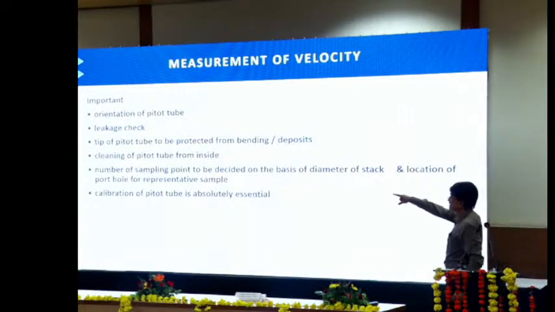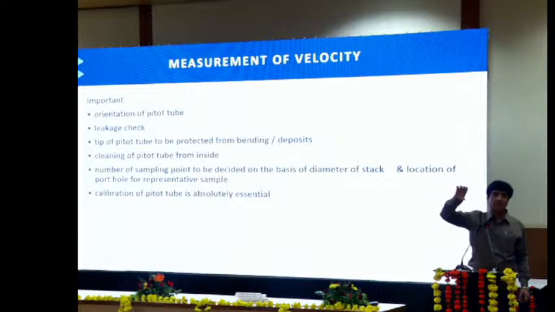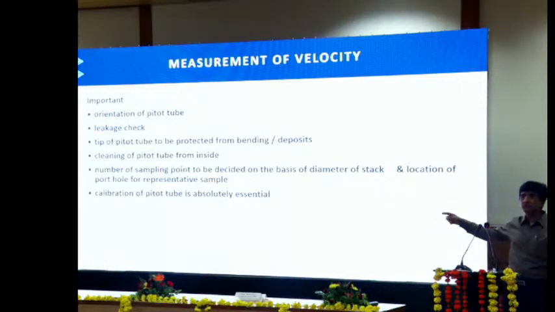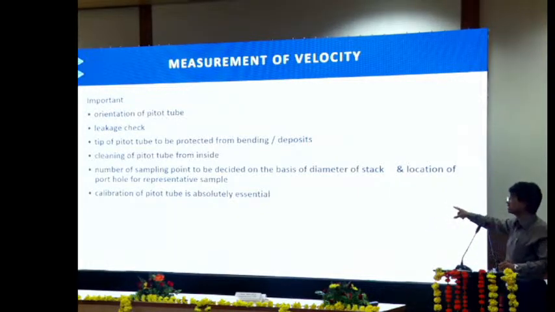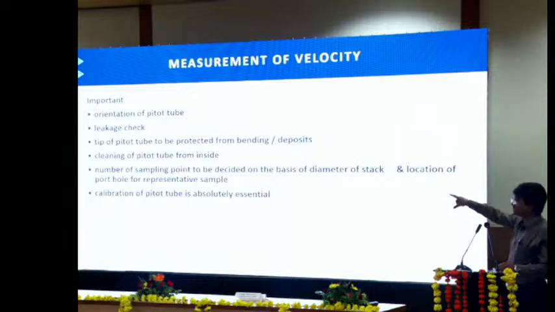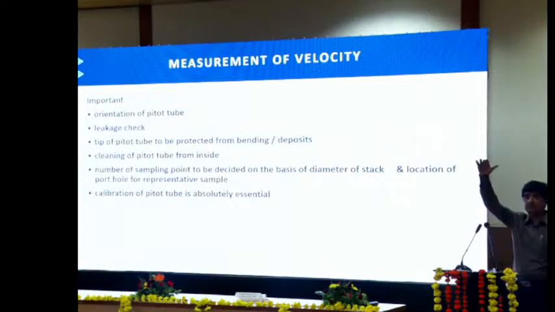Once you know this, see that particular chart, everything is related to how we need to carry out the monitoring. So this is the point: the number of sampling points to be decided on the basis of the diameter of the stack and the location of the port. For example, if it is not at 8D, it is at 6D, then what will happen to the number of traverse points?